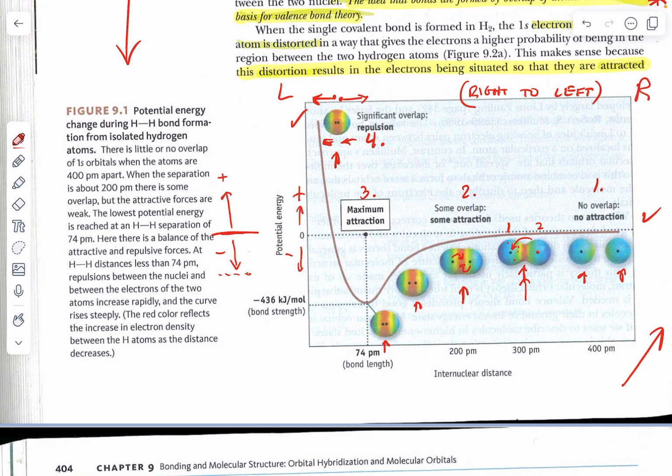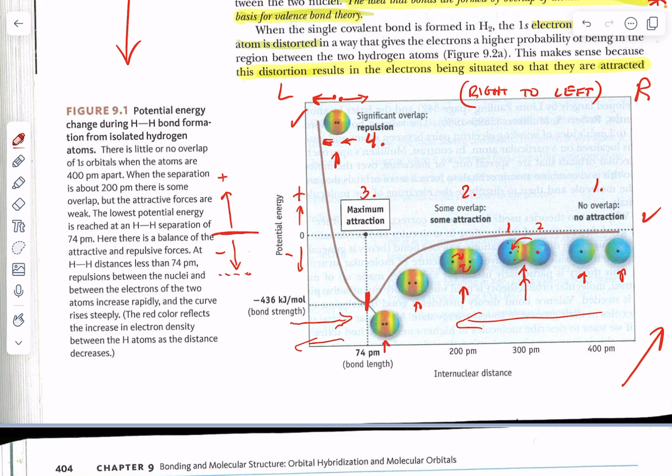So in this direction, we have an increase in stability. Going this way, we have an increase in stability. Certainly going this way, we have an increase in instability and repulsion, and we have this optimum position right here.